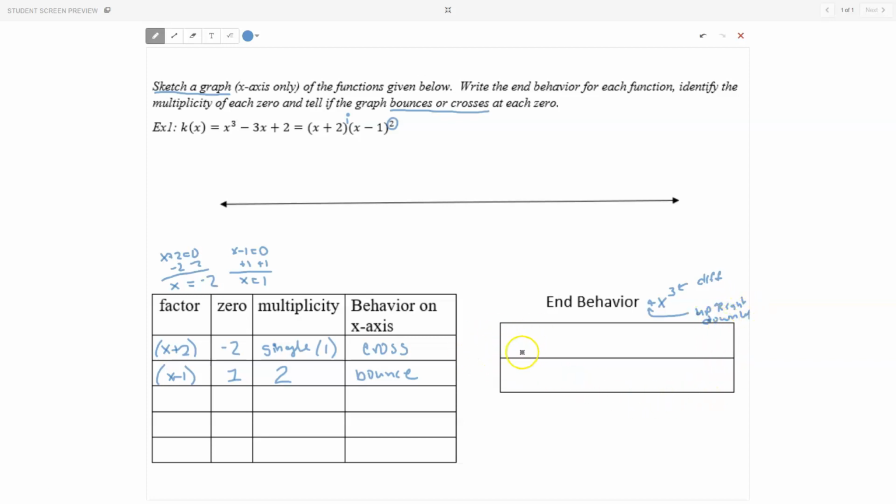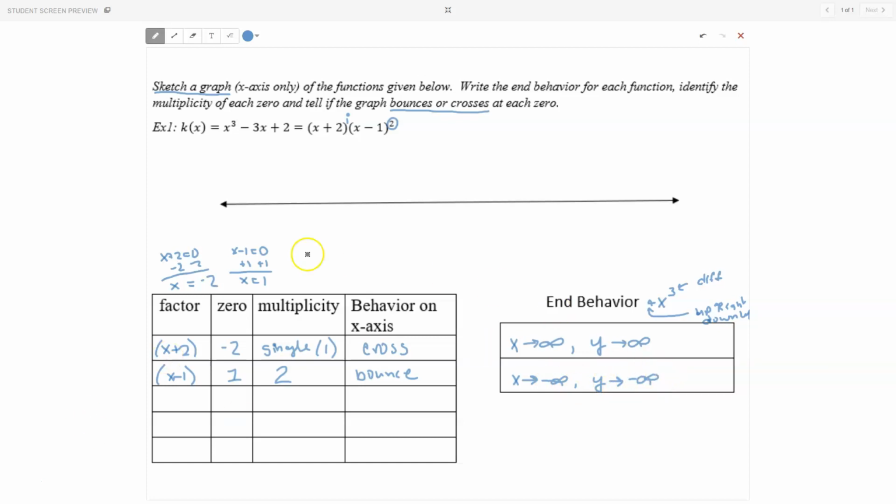Okay, so the way that we write end behavior is to say on the right, my graph is going up. On the left, my graph is going to go down.